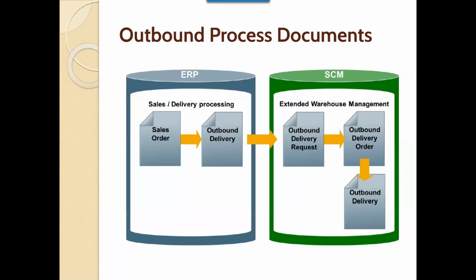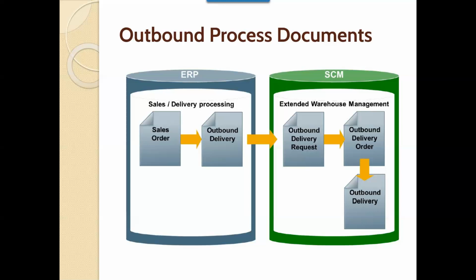Then you will start picking, packing, staging, loading, and then goods issue. Once the goods issue happens, a final document is going to be created, that is an outbound delivery. Once the goods issue happens, it will send information saying that goods issue is completed, and then the ECC outbound delivery is going to be updated with goods movements, and the stock will be deducted.